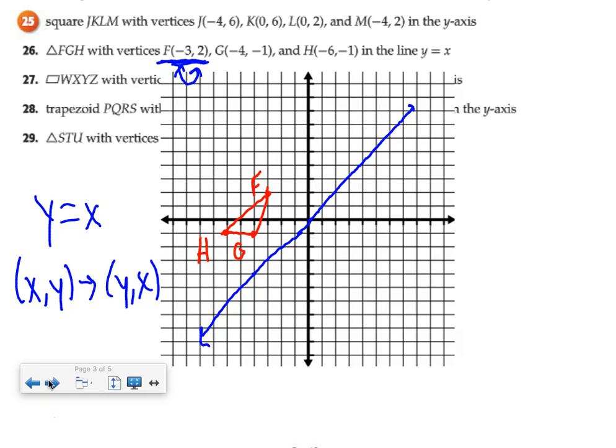So my F prime would be at 2, -3. Same thing for G prime. I'm going to switch the spots of those. So I'm going to go over -1, down -4. There's my G. And then for my H, again, we're just switching: -1, -6.